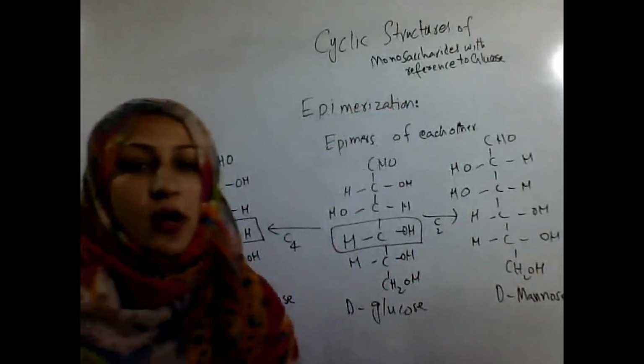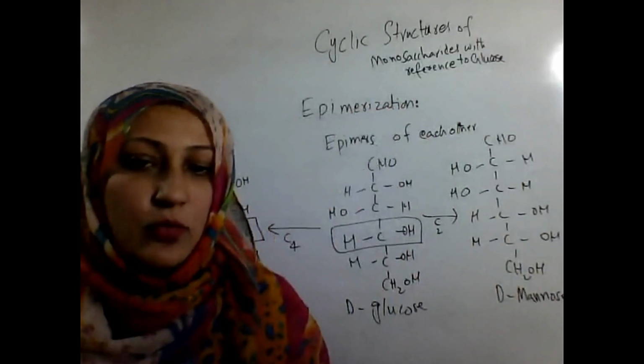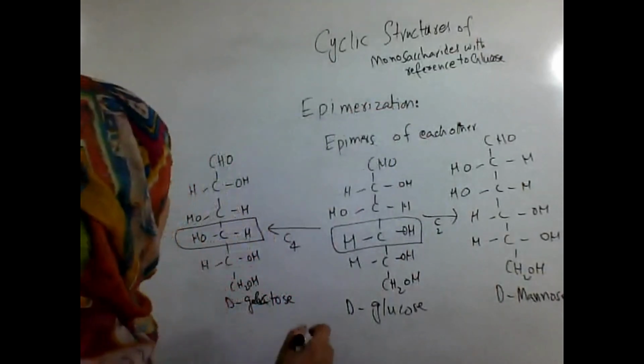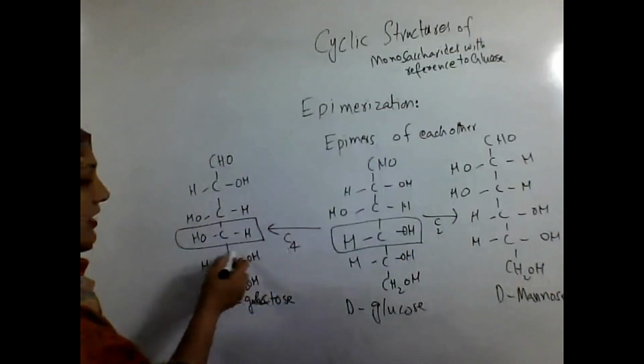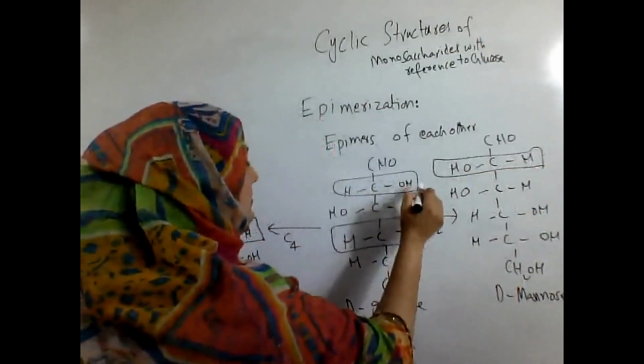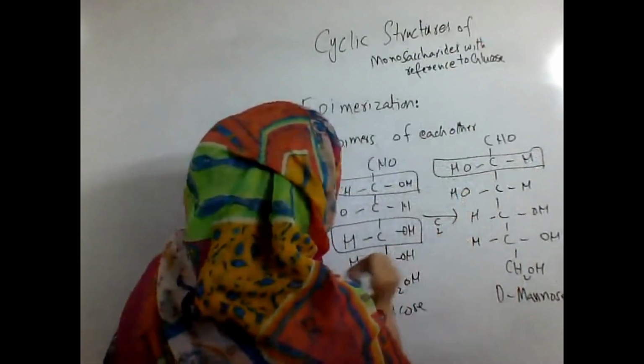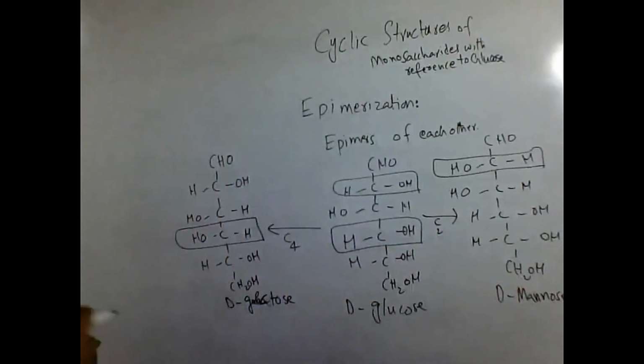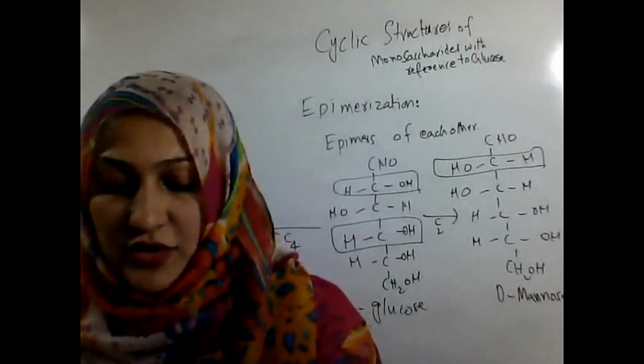These two are the epimers of glucose. When there is a difference only at carbon number 4, or a difference only at carbon number 2 in the case of mannose, they are epimers of each other.